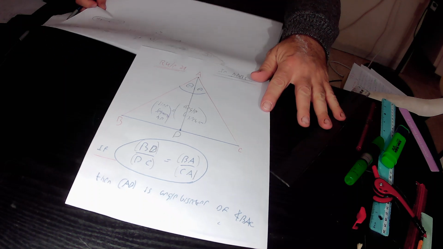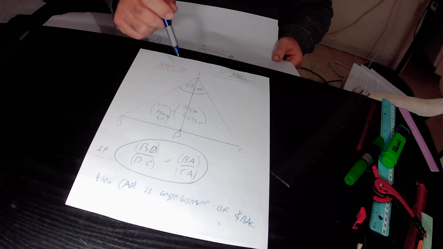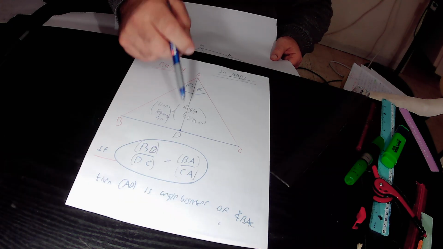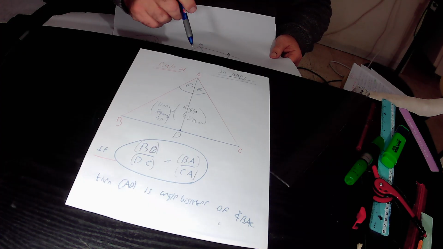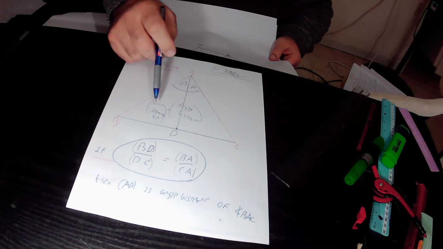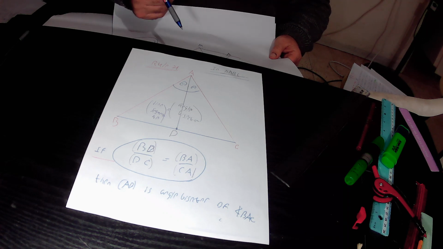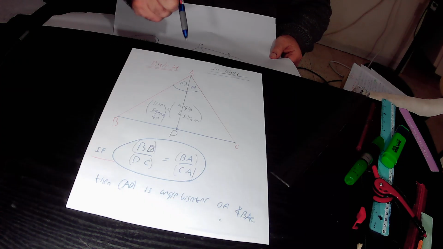So according to Rule 21, if we know that BD over DC equals AB over AC, that is to say, we don't know that AD is an angle bisector, but we know that line segment AD divides the sides of this triangle ABC proportionally, that is to say BD over DC equals AB over AC, then line segment AD must be the angle bisector of this triangle ABC.